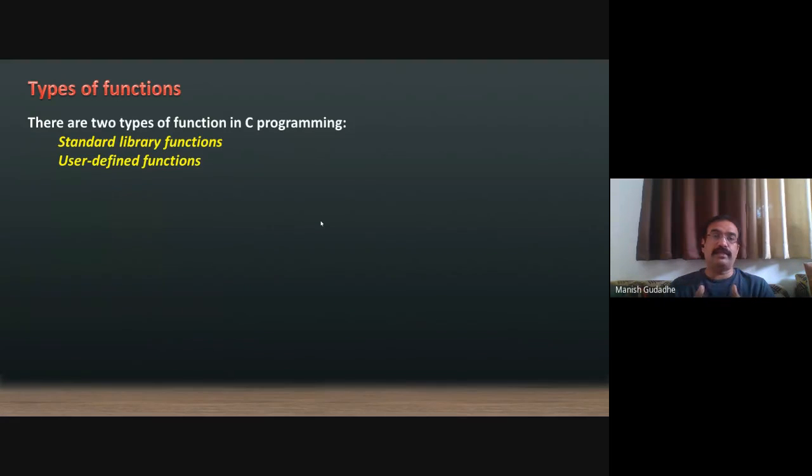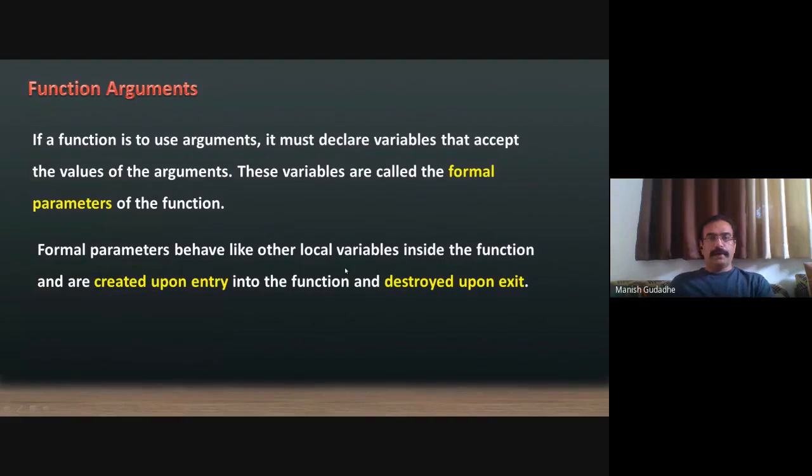They will be in existence only for that particular program. Once the program is over, the function is over. It cannot be used as a standard function in all other programs. So we are dealing with the user-defined function.